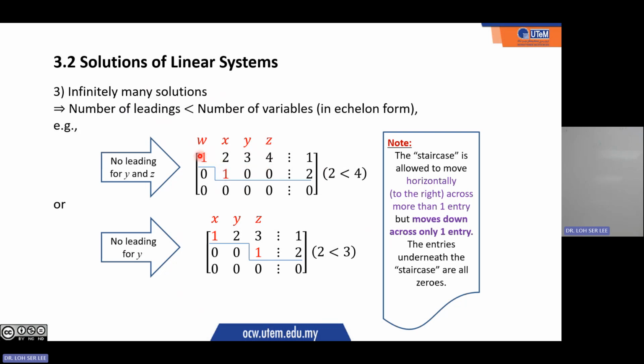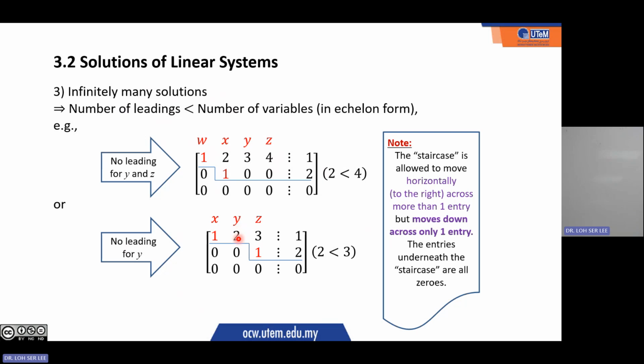These two are pivots, and there are no pivots for y and z. The same goes for this one. You have 3 variables, but you have only 2 pivots. x has a pivot, z has a pivot, but y has no pivot. When a variable has no pivot, we say that variable is free. y is free, z is free.